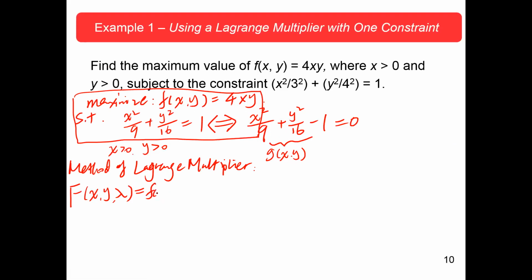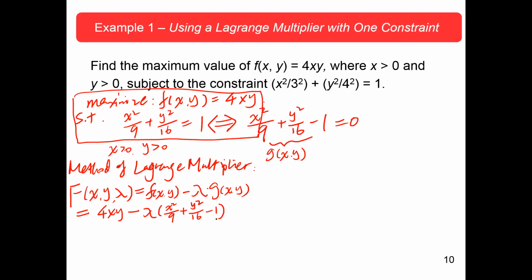So the F of x y objective minus lambda, our Lagrange multiplier, times the constraint g of x y. Let's copy our material. So we have 4xy for the objective minus lambda times the constraint. The constraint is this part, so x squared over 9 plus y squared over 16 minus 1.